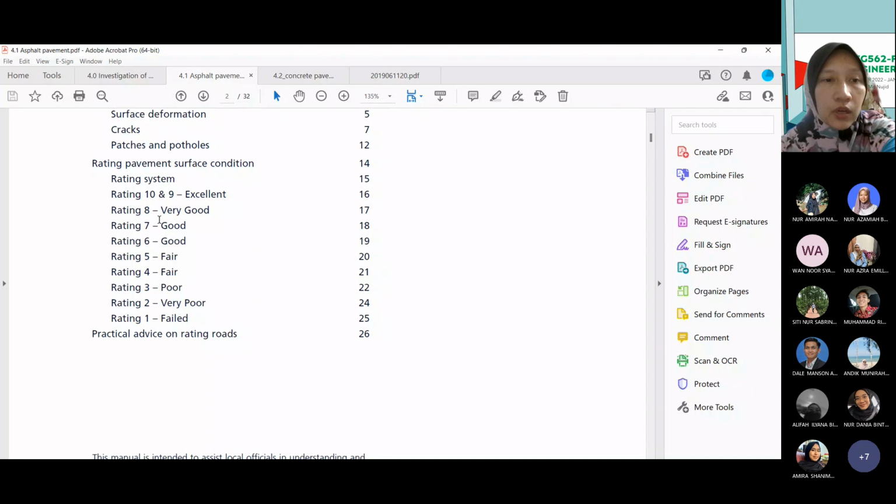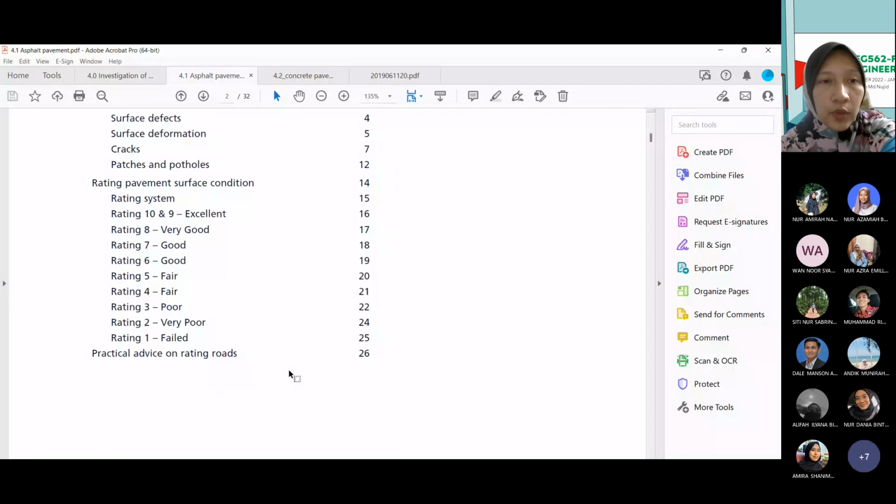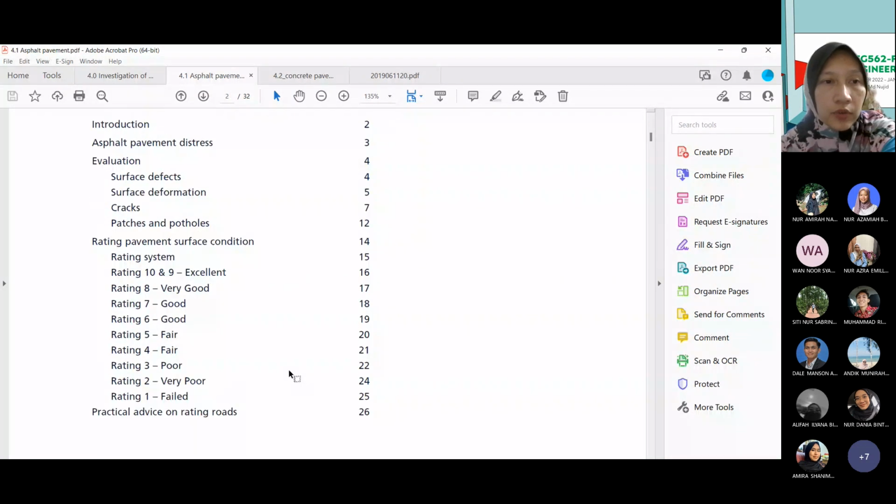Of course, if you have good or excellent condition, we can rate it 10 or 9. But I am not focusing on the details of pavement performance. I am focusing on how we can categorize the distress or defects according to the pavement surface, and then you can see the cracks, patches, and potholes.